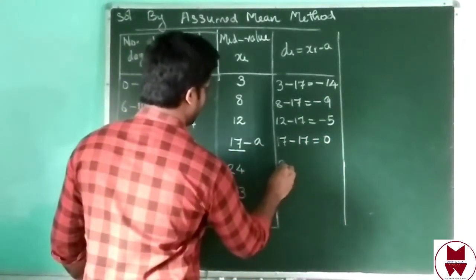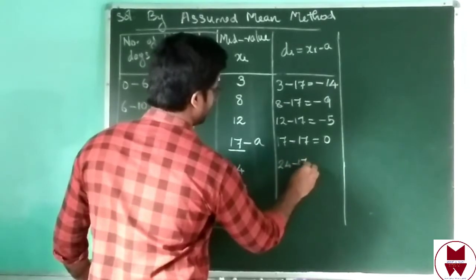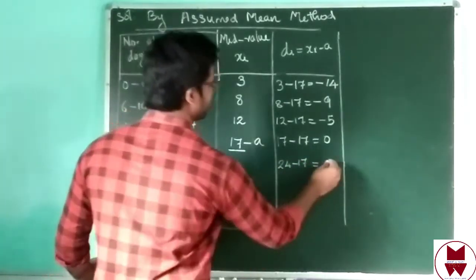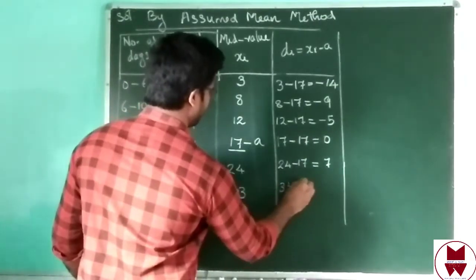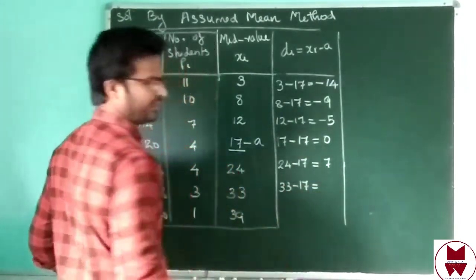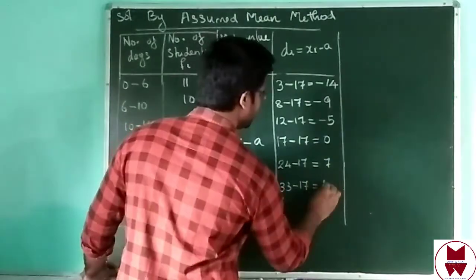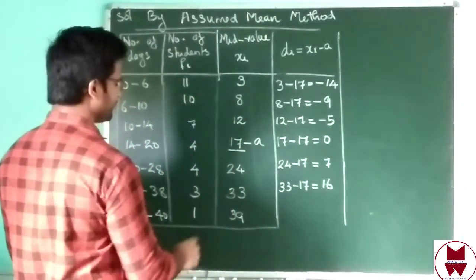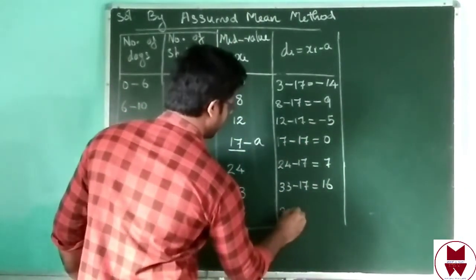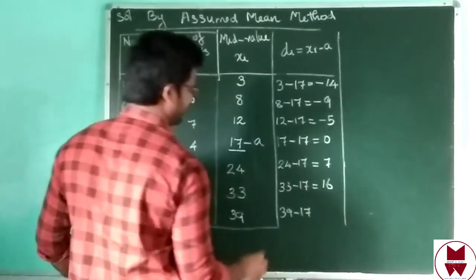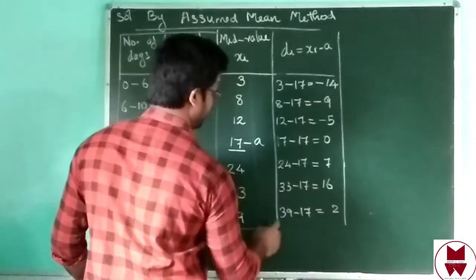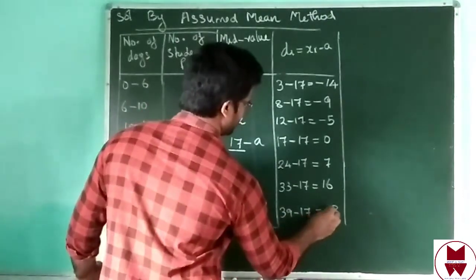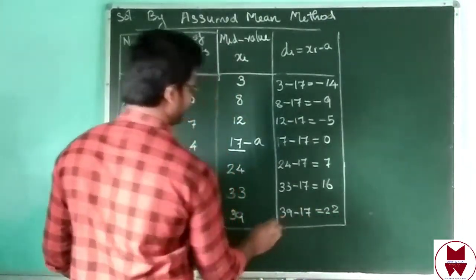Then 24 minus 17 equal to 7. Then 33 minus 17, you will get 16. Then 39 minus 17, you will get 22.